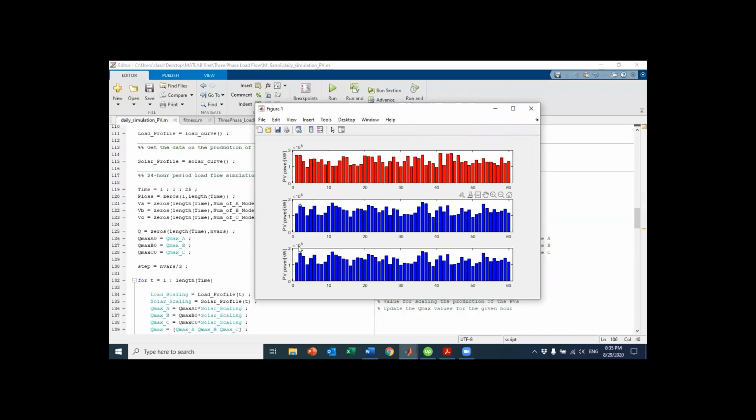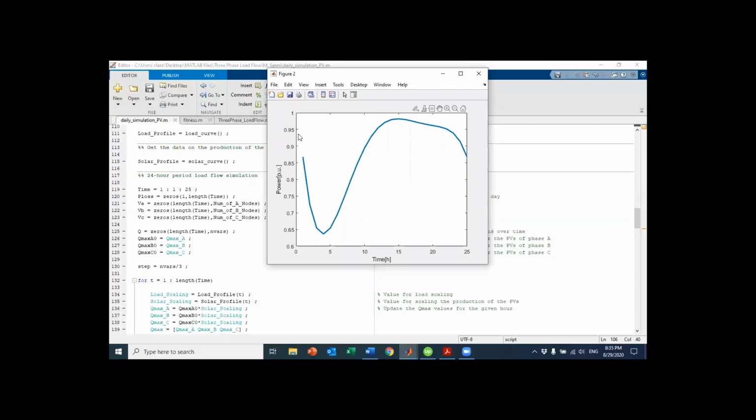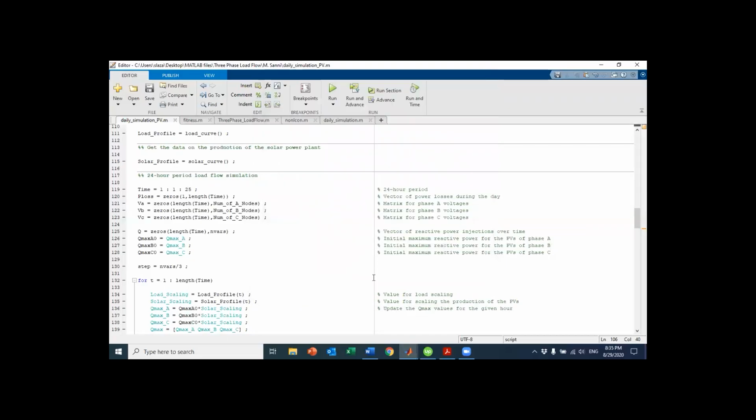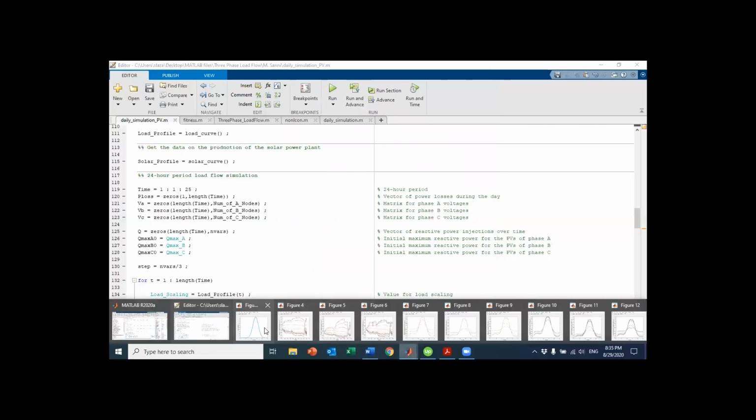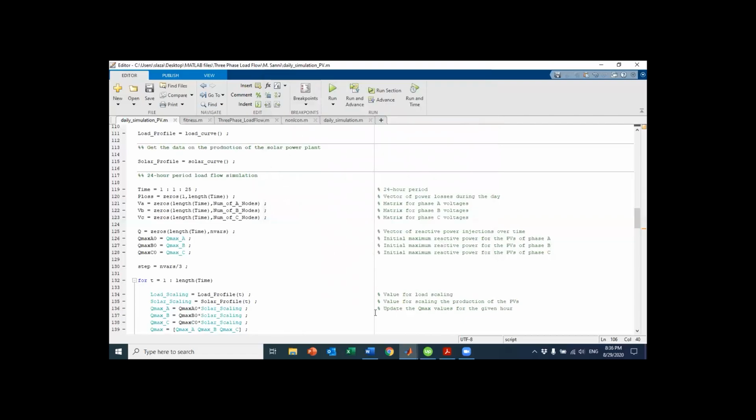So this capacity is shared to active and reactive power in terms of the production and in terms of time of the day. So the second figure shows the load profile I showed earlier. So this is how the load changes during the day. The second photo shows the changes of the production of the PVs in the system.